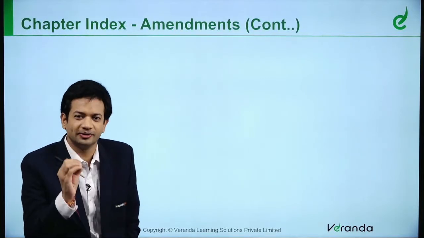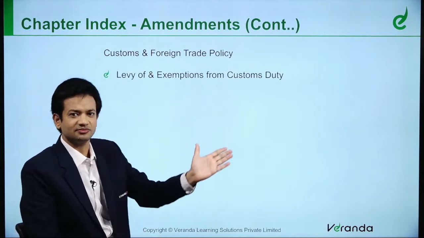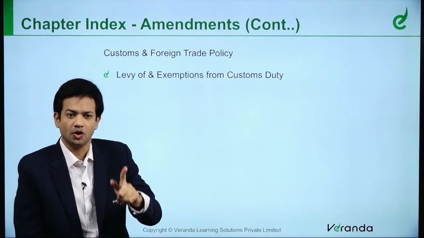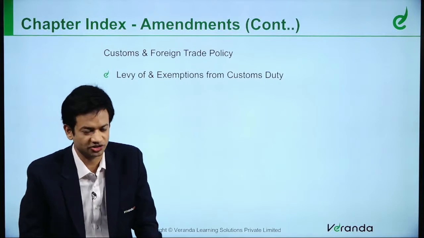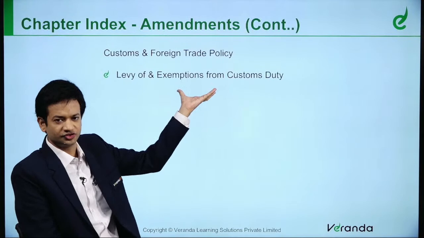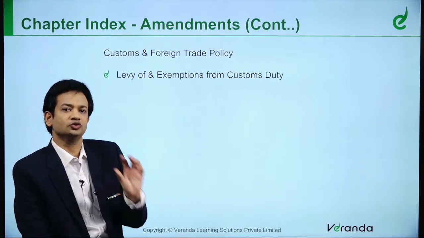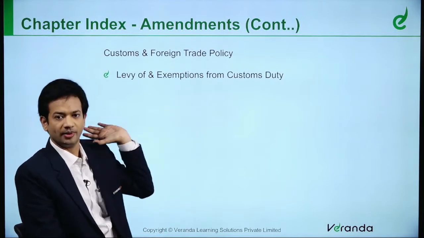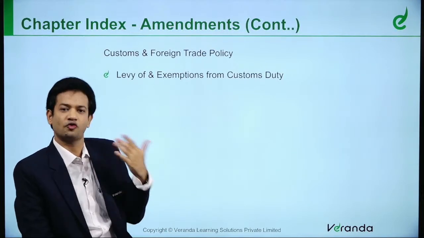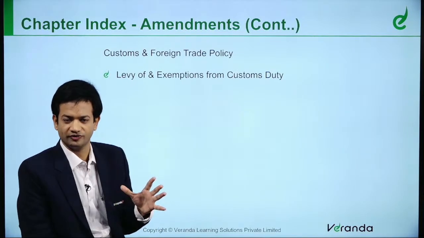Then there are very limited amendments in customs and FTP. In customs, there is only one chapter where there is an amendment, which is levy of exemptions from customs duty. Basically, the concessional duty rules which came in 2017 have been amended. Those rules are what is discussed in this amendment. Rule 4 and rule 6 have been substituted, and also rule 7 and rule 9. All those rules we are going to discuss.